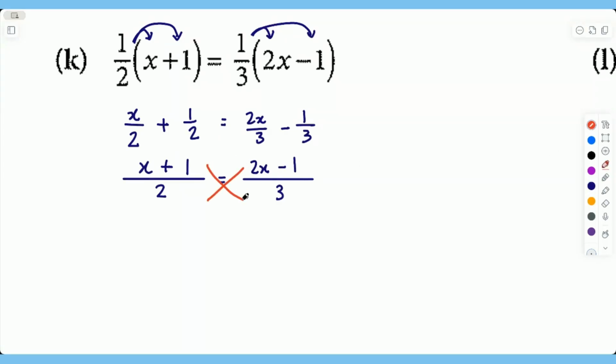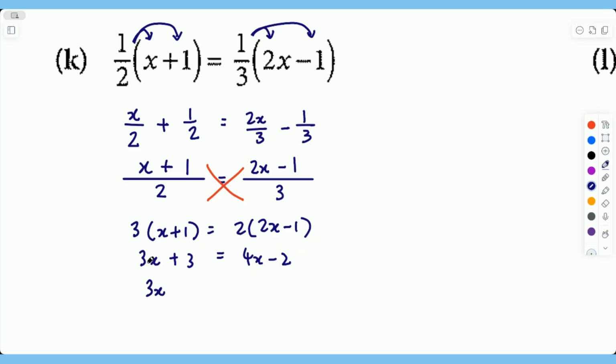Now let's cross multiply. We have 3 bracket x plus 1 is equals to 2 bracket 2x minus 1. When you expand out, it will be 3x plus 3 is equals to 4x minus 2. Let's bring all the x terms to one side. We will keep 3x. 4x bring over will be negative 4x. We keep negative 2.